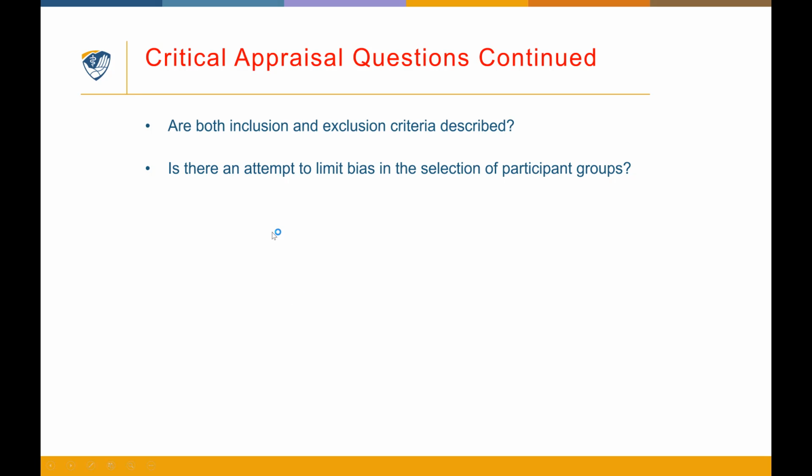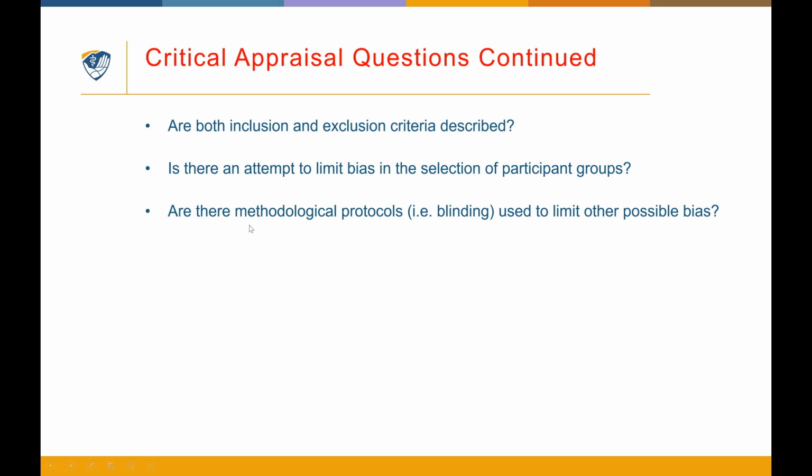Because typically in a study, we want to be able to take those results and use them for the normal population. But to have that, the study has to have a good mixture of subjects.